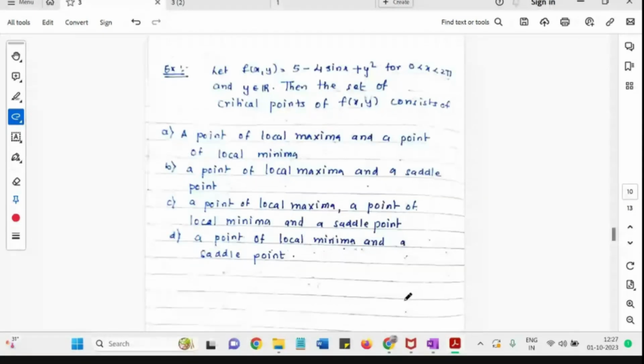Now, this is an example that I had seen in your JAM examination paper. You can try checking this out. Don't worry about this condition. This is a harmless condition. You will understand the importance. What it is saying is, you have a sin x function. So when you take the partial derivative ∂f/∂x and equate it to 0, you will have the value of x in this interval 0 to 2π.